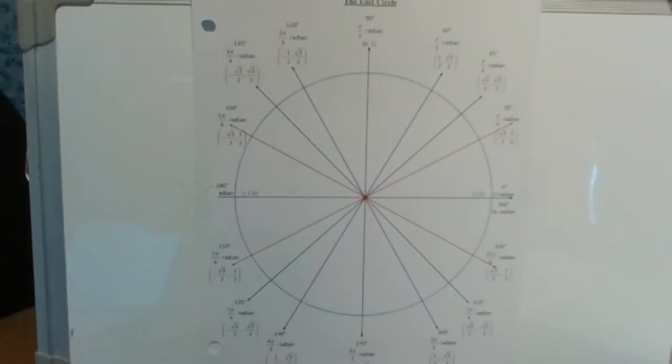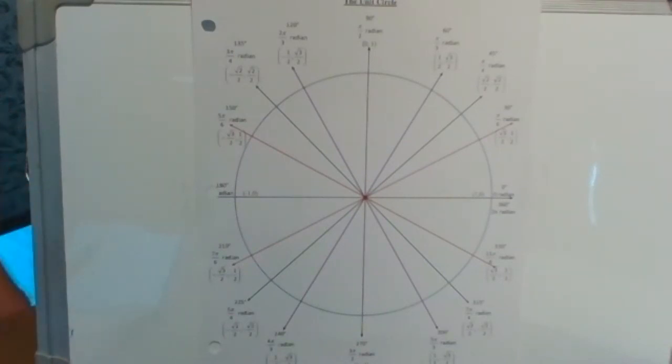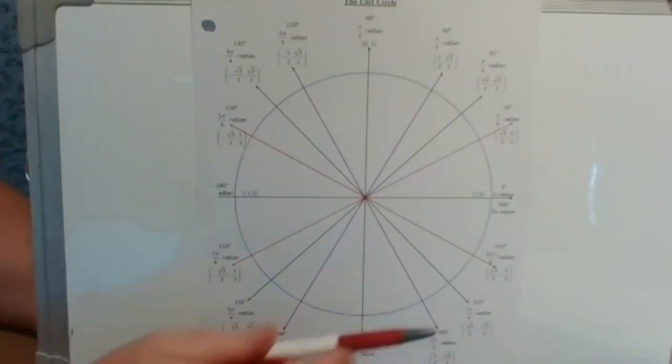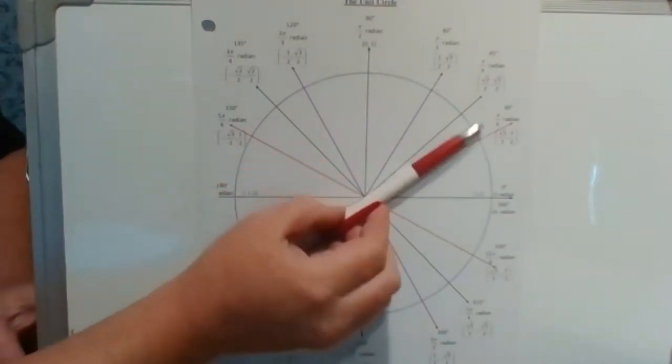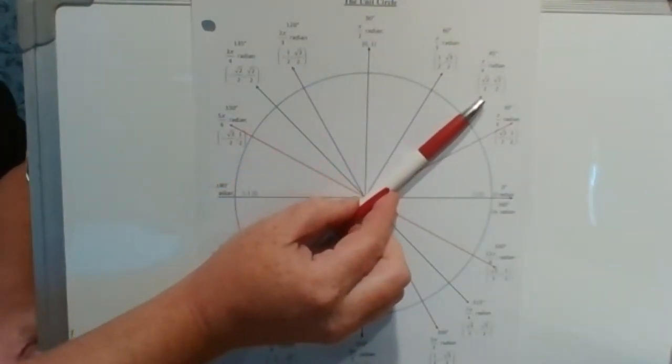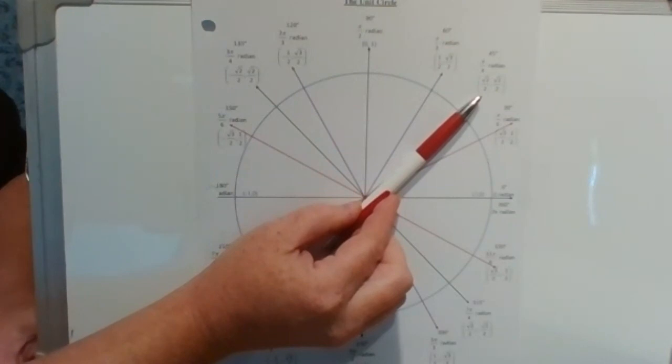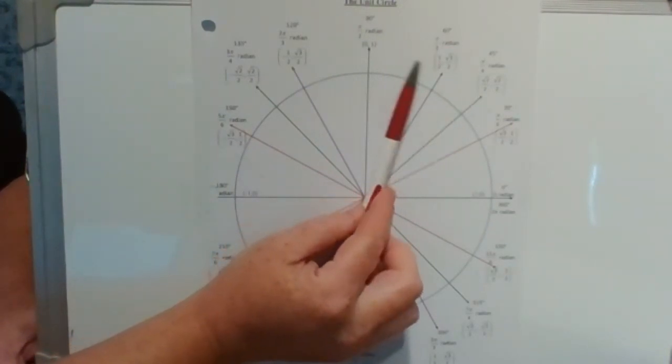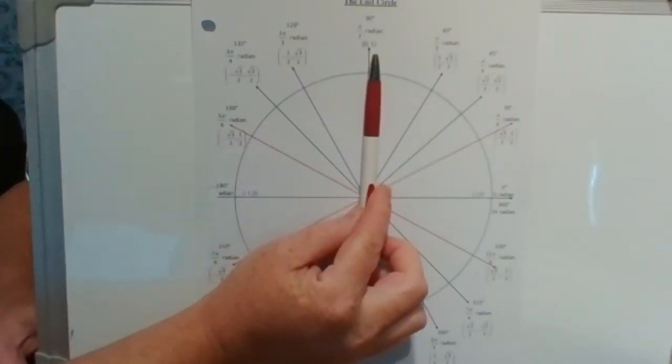Sometimes students have trouble remembering the radians. So here's a way to help you count the radians so that you're not having to do conversions every single time. I'm going to do the green ones first, the 45-degree reference angles. 45 degrees, that's pi over 4. 90 degrees, well, that's double, right?